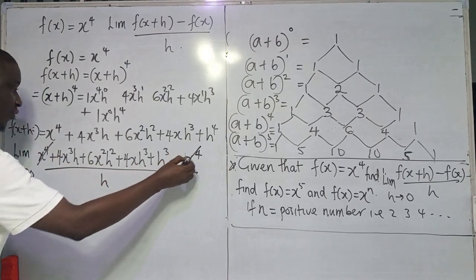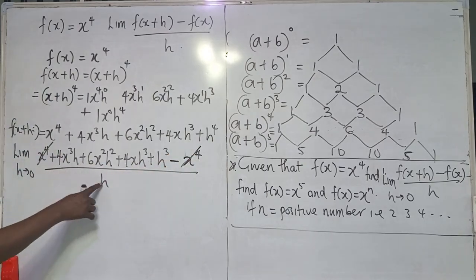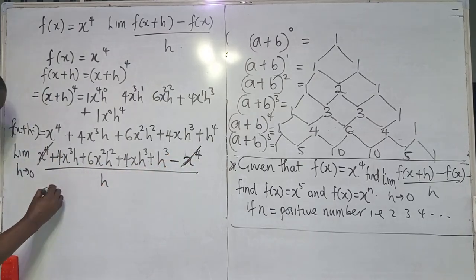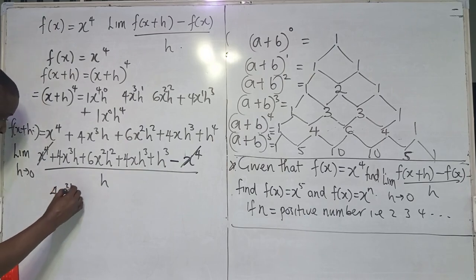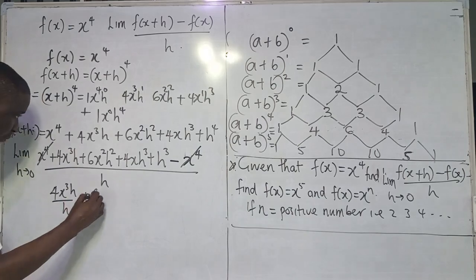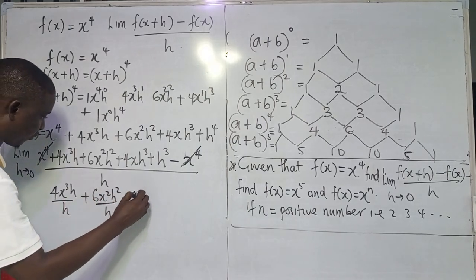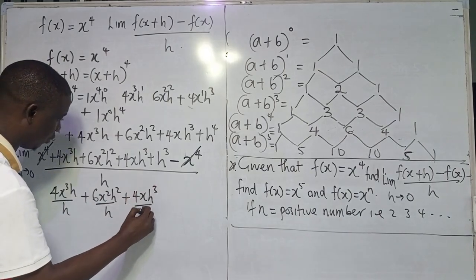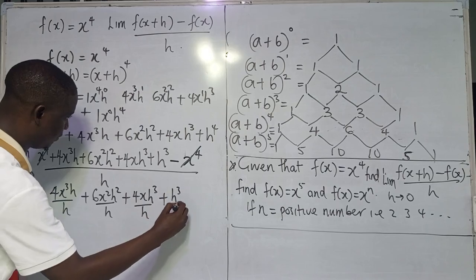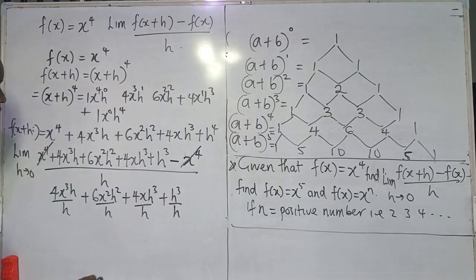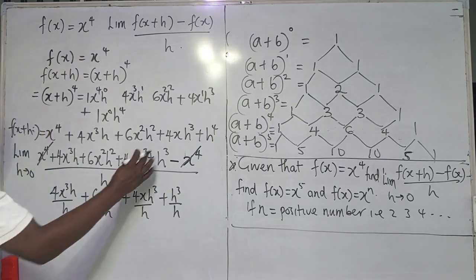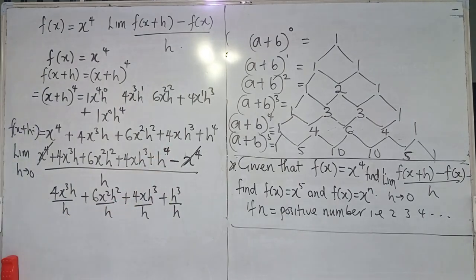Now this one will cancel this, then this can divide this one. We have 4x cubed h over h plus 6x squared h squared over h plus 4x h cubed over h plus h to the power 4 over h.